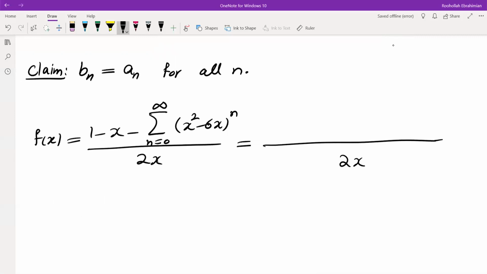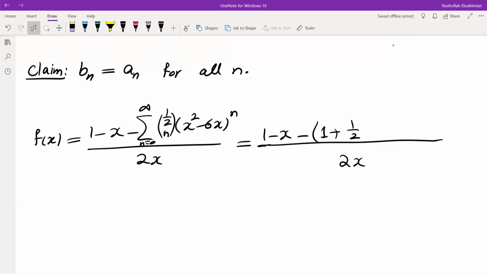So 1 minus x minus, I forgot the 1/2 choose n in front. So I have the sum of 1/2 choose n, n equals 0 to infinity. The very first term is just 1. The next term is 1/2 choose 1, which is 1/2.